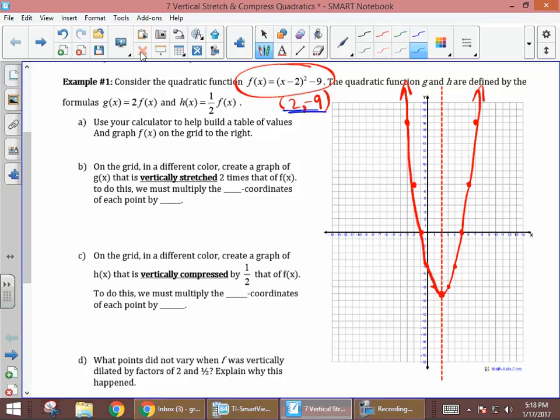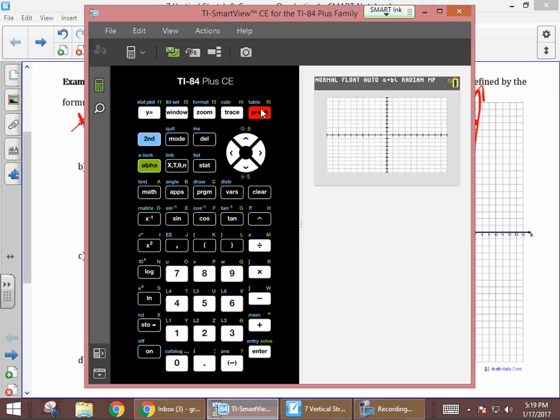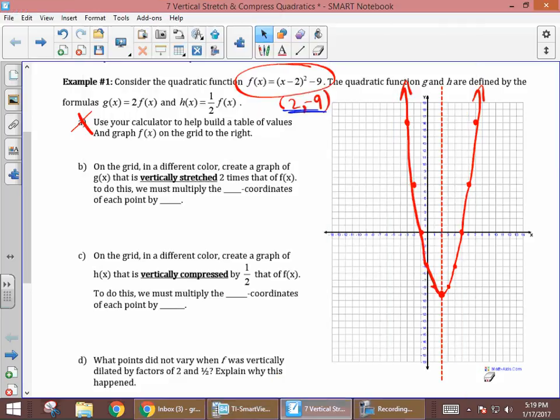So again, I got rid of part A because I didn't want to use the calculator. However, you could just put that (x minus 2) squared minus 9 in your calculator. X minus 2, close it, squared, minus 9. You could graph it. You could see the graph. This table is a little bit different than the one. I want to say it went up to 19 and down to negative 19.